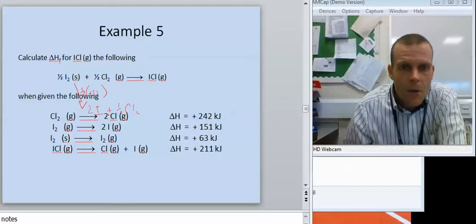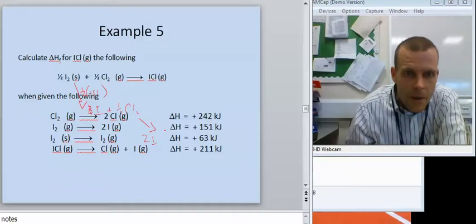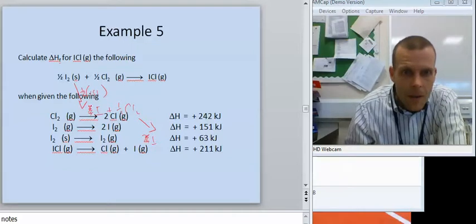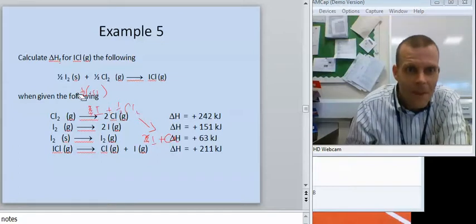Then my Cl2s, if I want to make a change to those, I'll keep the 2. Right, we'll just have an I there because I've done half that. Then if I want to do the same for the Cls, oh dear, I've made a bit of a blunder there. Let's start again.